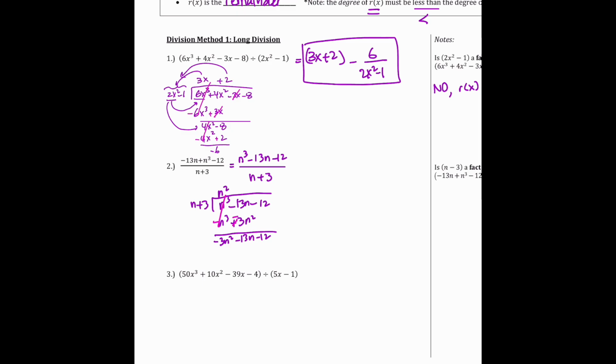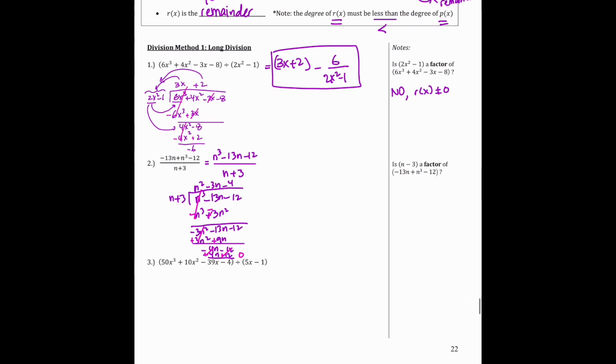So negative 3n squared minus 9n, then again switch signs. This is plus, this cancels out, and you have negative 4n minus 12, and then you can see that this is going to go negative 4 times, because that's going to give you negative 4n minus 12, and when you switch signs, you'll get plus and plus, so they cancel out, and leaves you with 0.